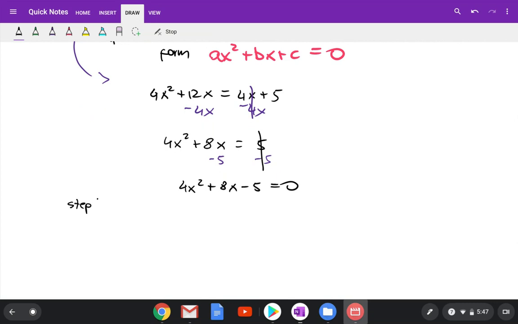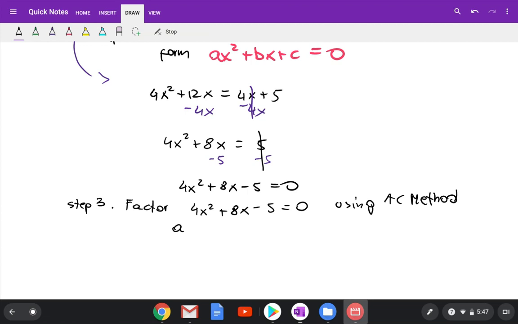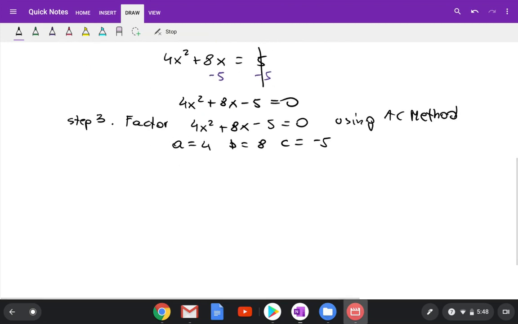So our step 3 will be to factor our equation 4x squared plus 8x minus 5 equals 0 using the AC method. So a is equal to 4, b is equal to 8, c is equal to negative 5. A times c will give you 4 times negative 5, which is negative 20.